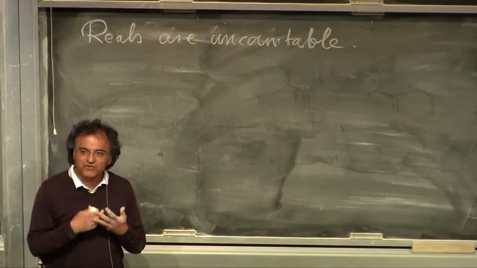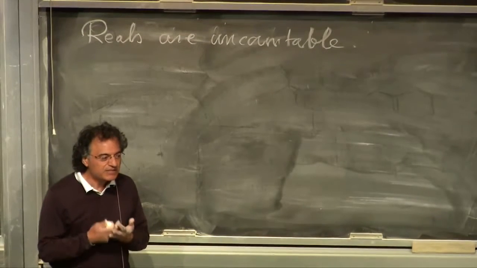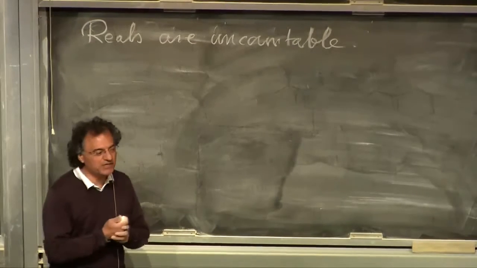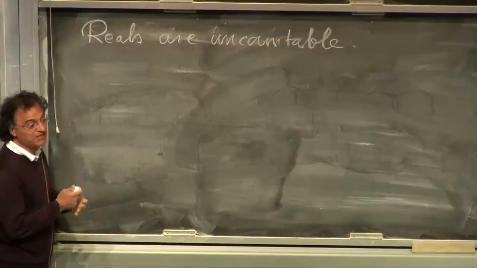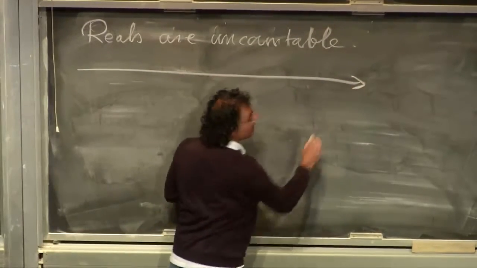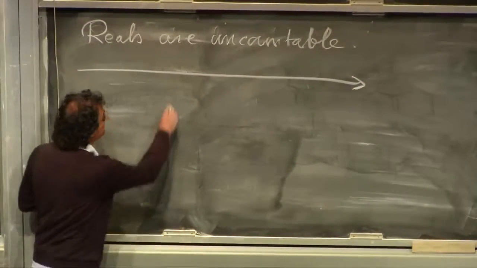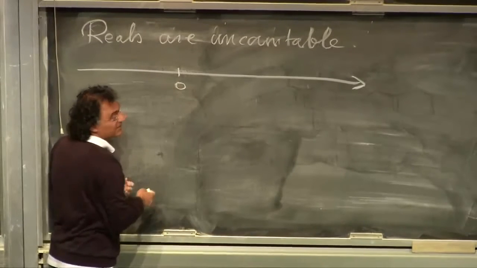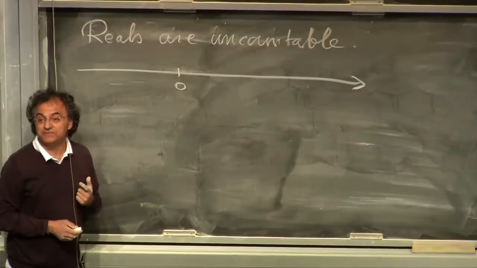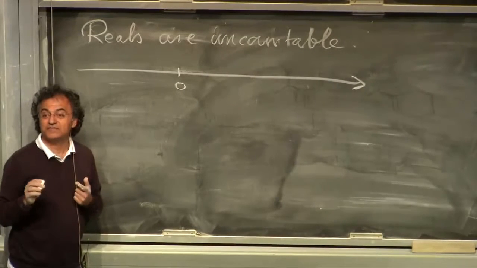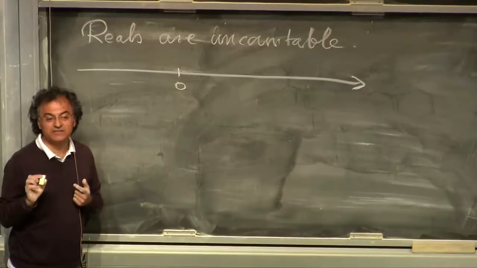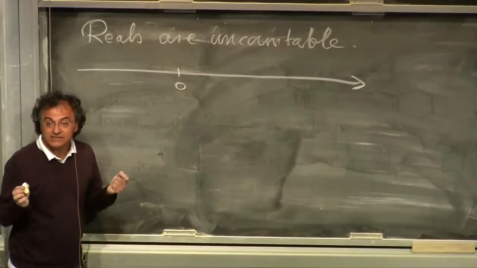But before we look at the proof, let's see why this should not be true. Right? It has no business being true. The reals have no business being uncountable. And the reason is, again, look at the number line. So you have 0 there. And now, what do we know about the rational numbers? They're dense. Right?